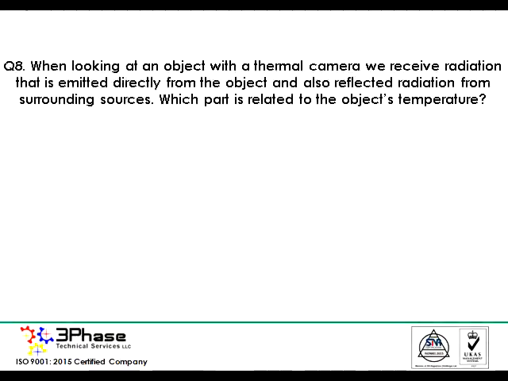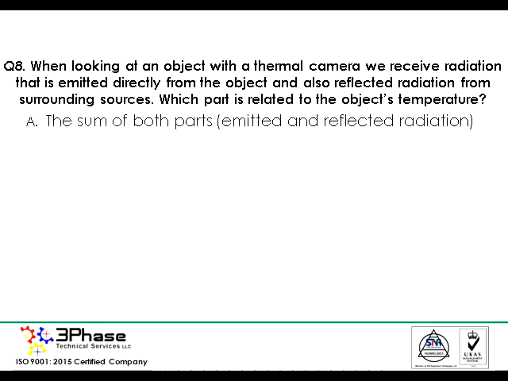Question number 8. When looking at an object, the thermal camera receives radiation that is emitted directly from the object and also reflected radiation from surrounding sources. Which part is related to the object's temperature? A. The sum of both parts, emitted and reflected radiation.